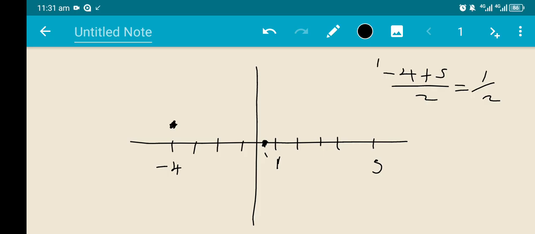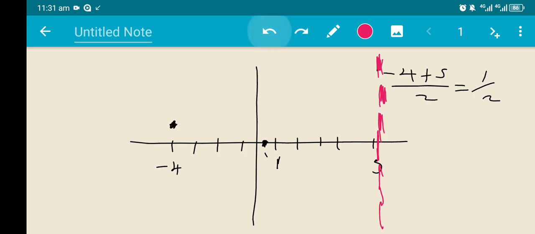This here, let me just put it in red. This here is the directrix, by 5. Then the center or the vertex is somewhere there. It is at half here.